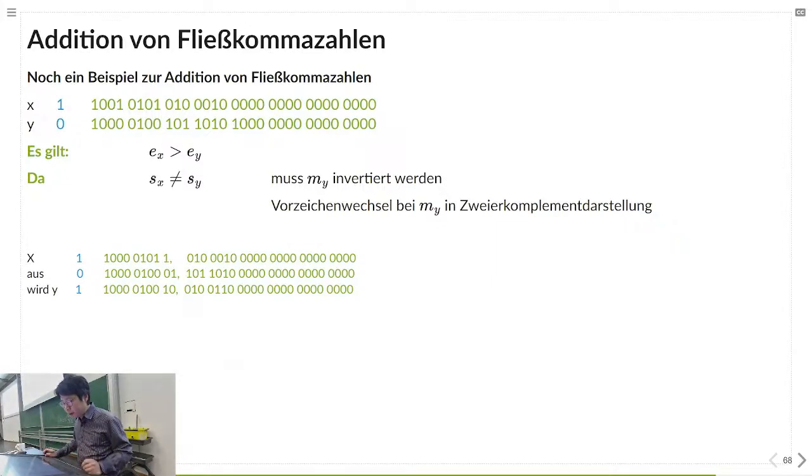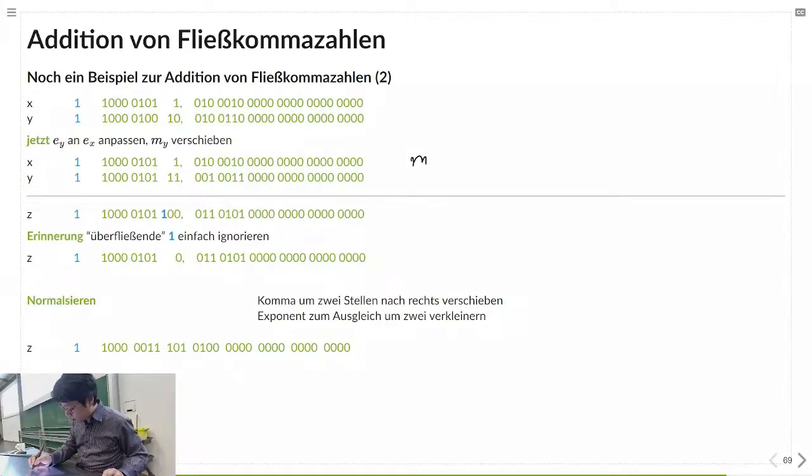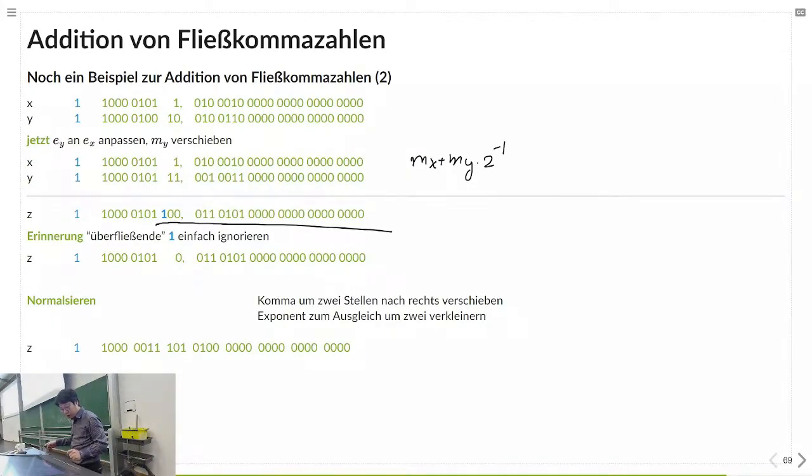Und von unser y, dann haben wir 1, nur 1, und dann nur. Minus 1 ist 1 nur, nur 1, nur 1.